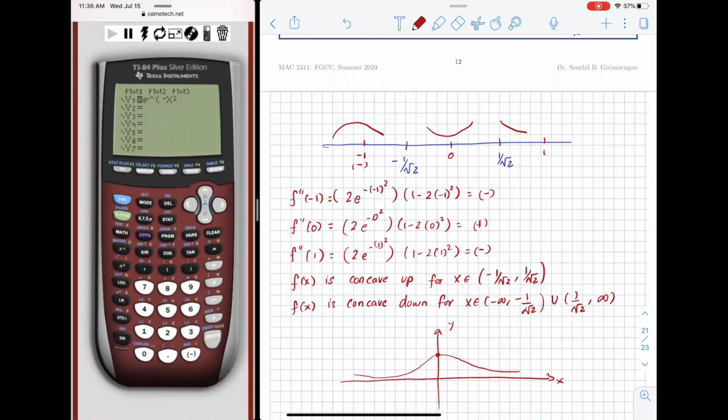The maximum value of this function is going to be 1, so I'm going to set the window from -5 to 5. The minimum value is 0, maximum value 2, graph. And it seems like we did it right, so it is concave down, then concave up.